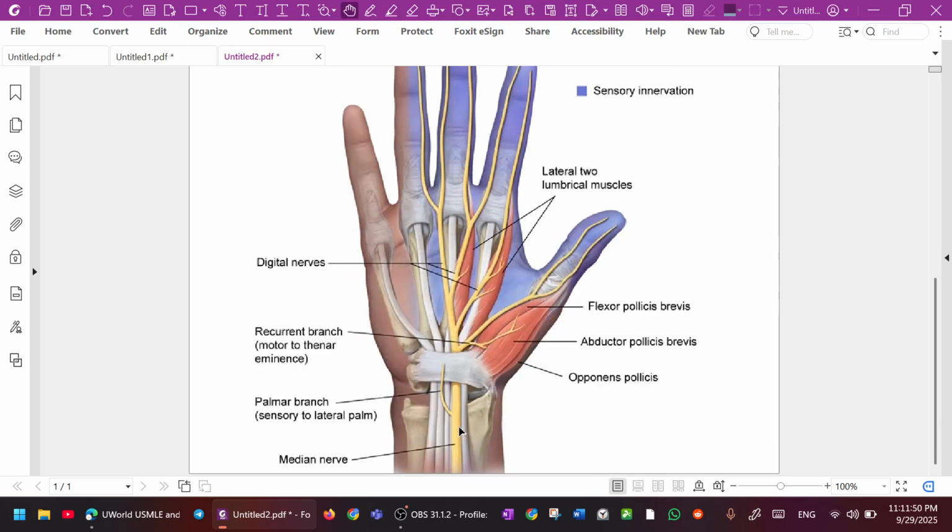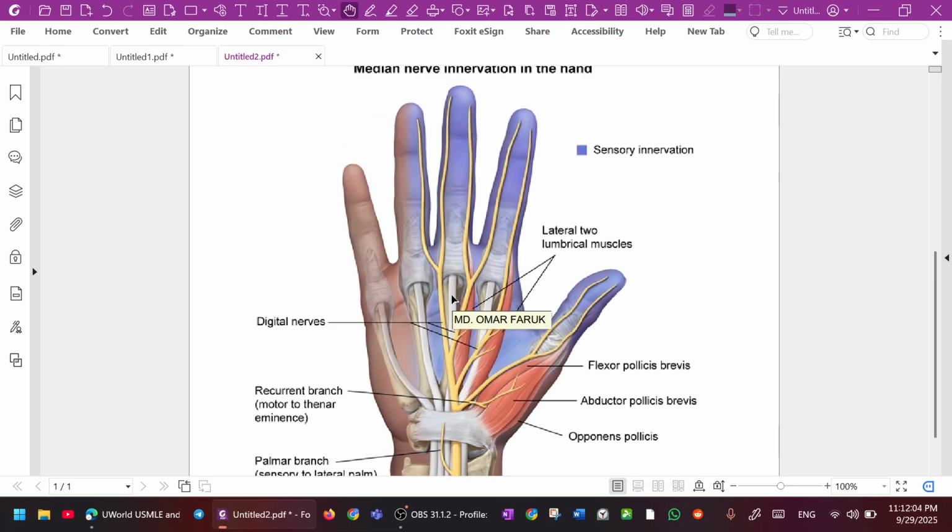This is the median nerve, this is the palmar branch, sensory to the palm. It goes over the carpal tunnel. Okay, recurrent branch, motor to the thenar eminence. This is the digital nerve, and the lateral 2.5 lumbricals.